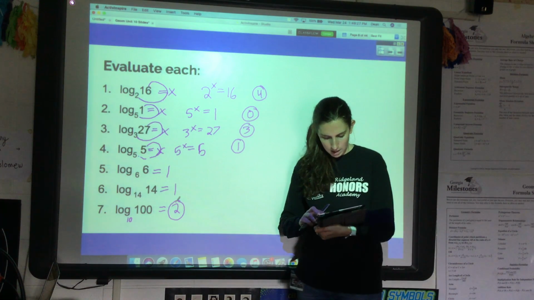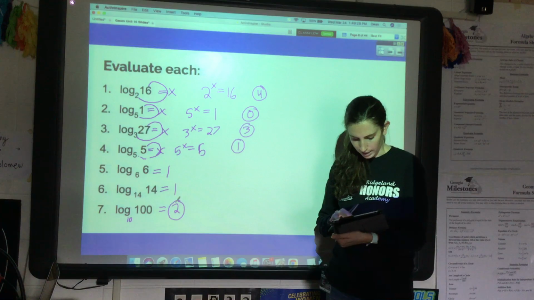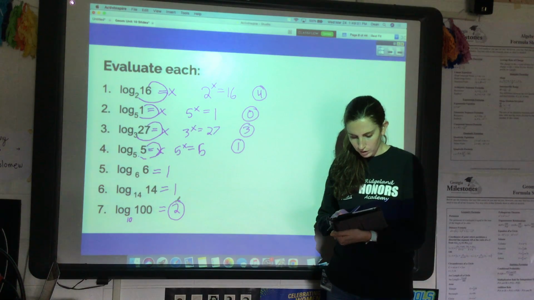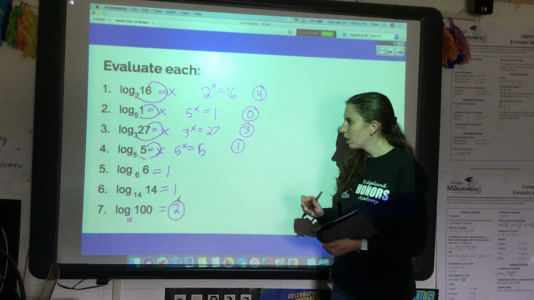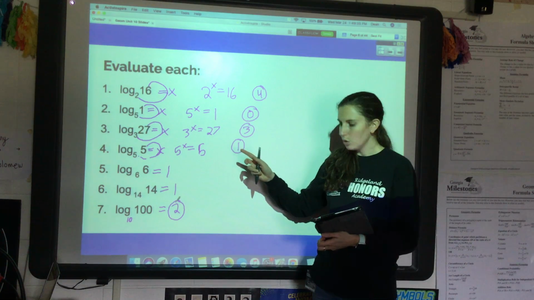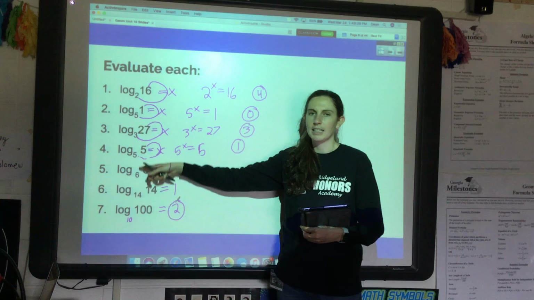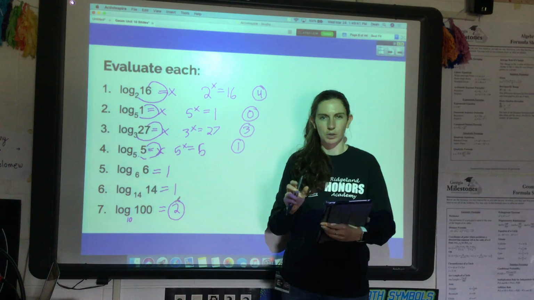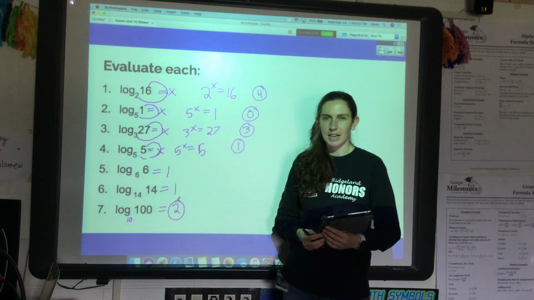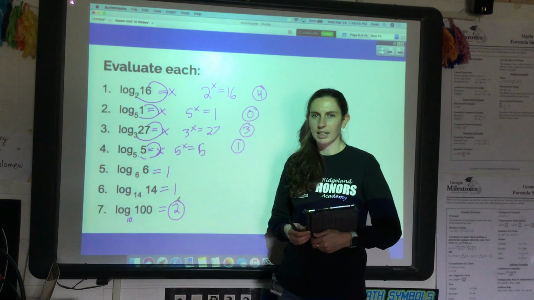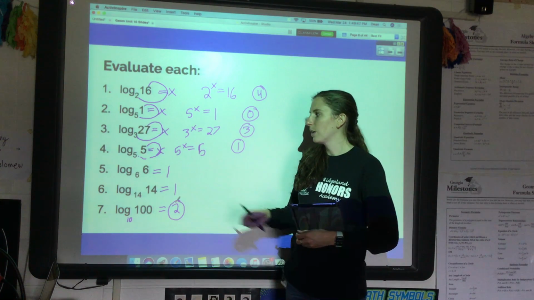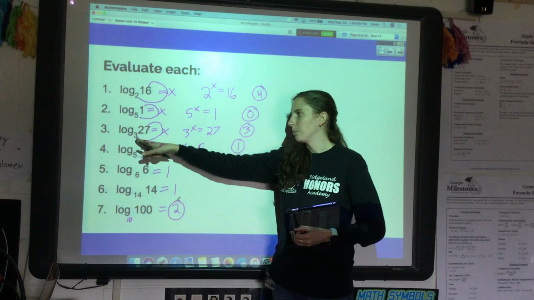All right, so a couple things here. First of all, you are not going to be able to do these in the TI-84 or your phone calculator. If you have a fancier TI calculator, like one of the real fancy ones, you actually can do different bases.